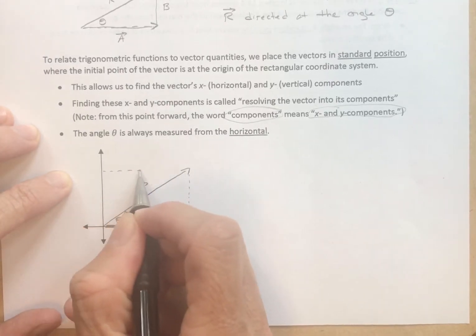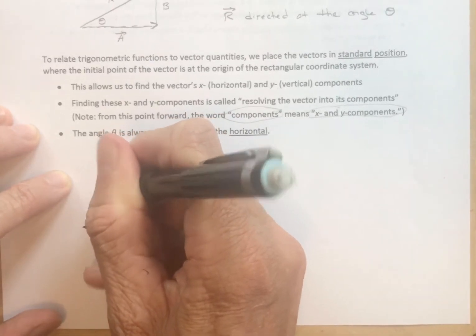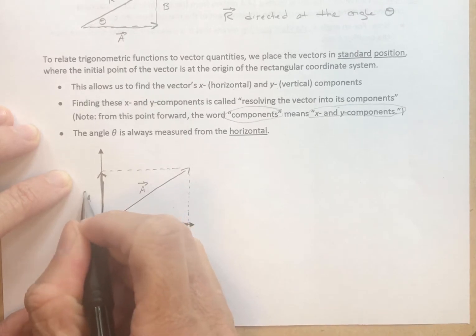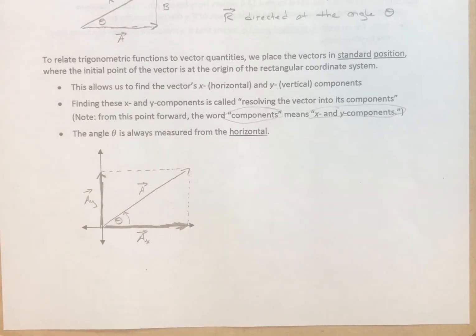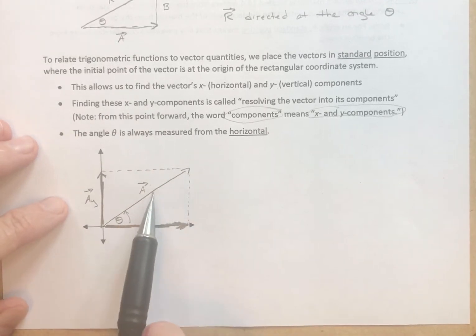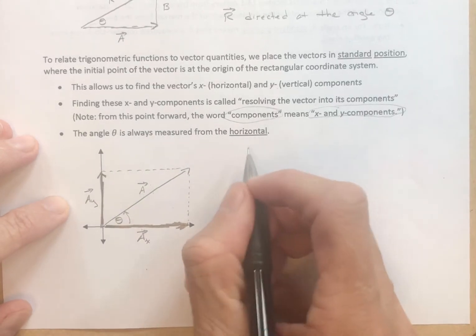And if I come over to here, and again I will bold it so we can see it, this is vector A's y component, vector A sub y. So we have resolved this vector into its x and y components.